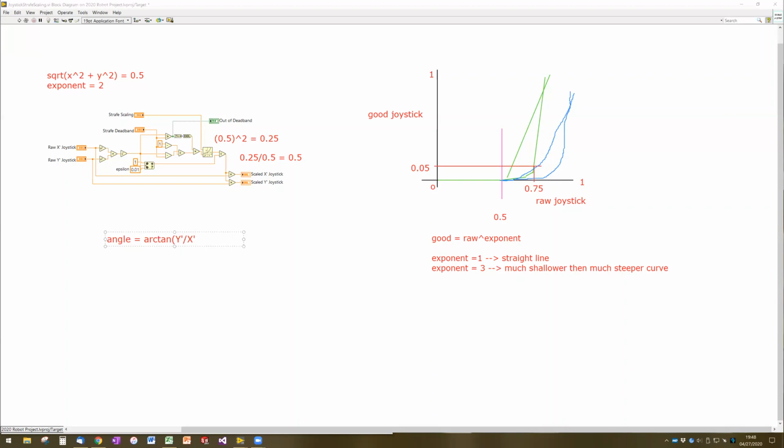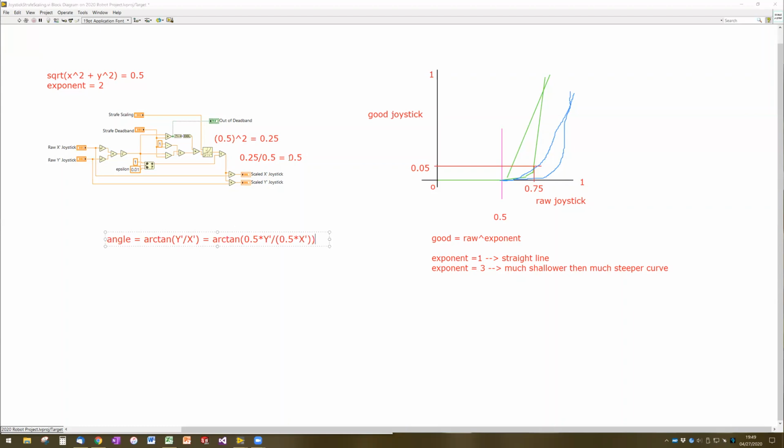They're the primes because they're coming out of the field-oriented control block. That's what it is normally. Then we would have arctan of 0.5 times y prime divided by 0.5 times x prime.